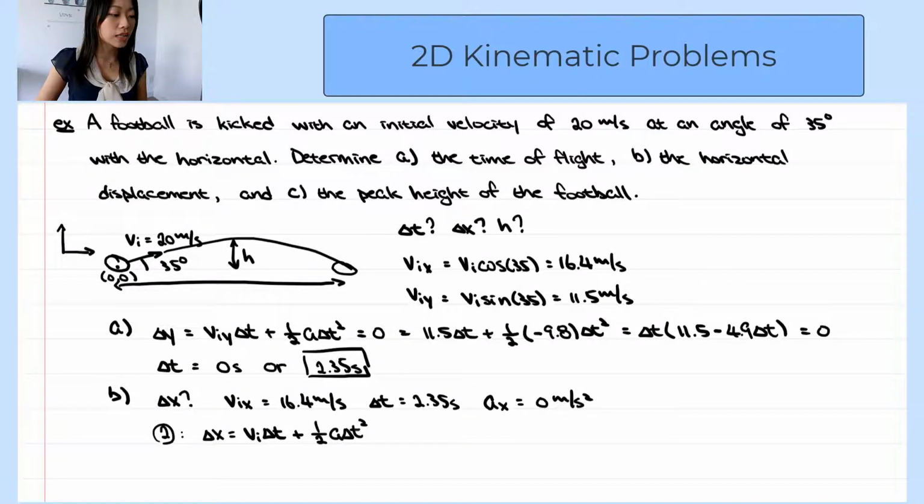We know that the acceleration is 0 in the x direction, so the second term is 0. So this equals the initial velocity, 16.4, times delta t, 2.35, which equals 38.54, and the unit for displacement is meters.